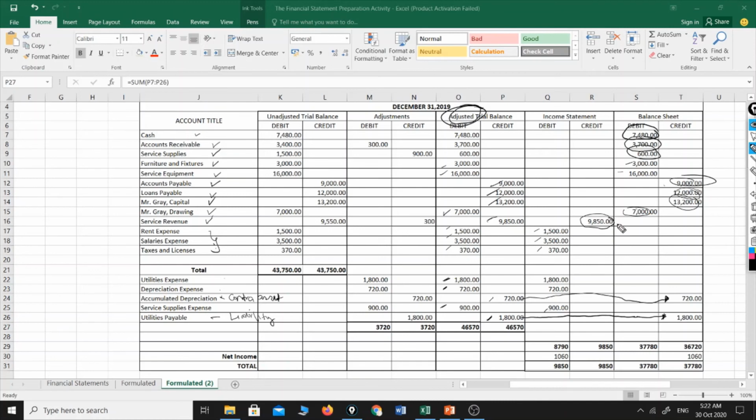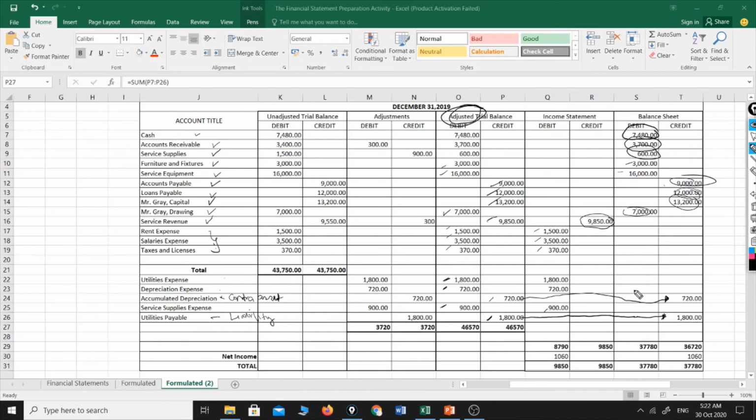So the question of whether it goes to the balance sheet or income statement, what you need to do is to classify first which financial element this particular account title belongs to. So if it is an asset, liability, or owner's capital, therefore it should be reflected in our balance sheet.